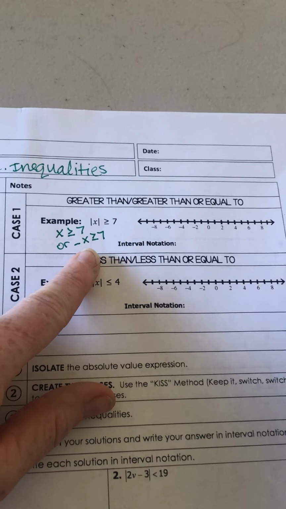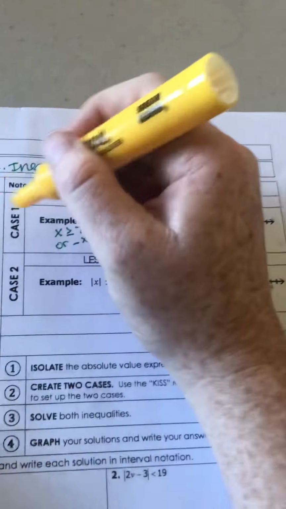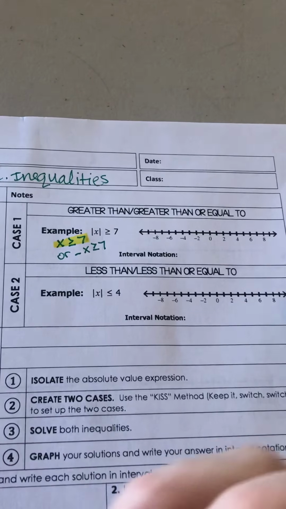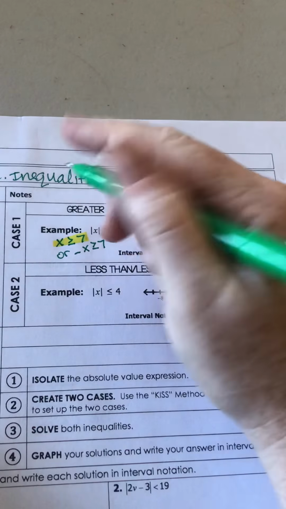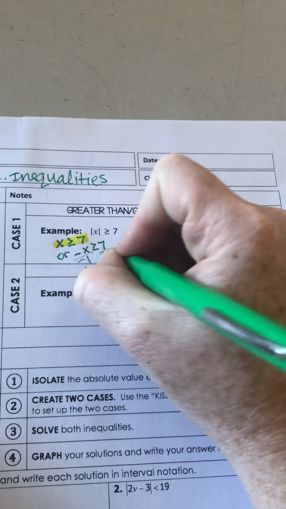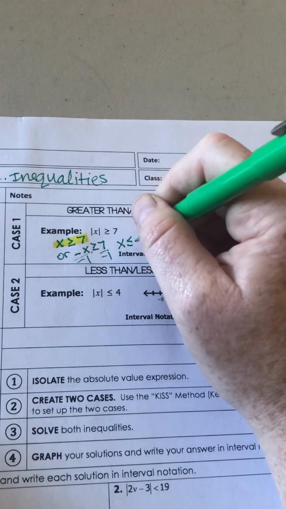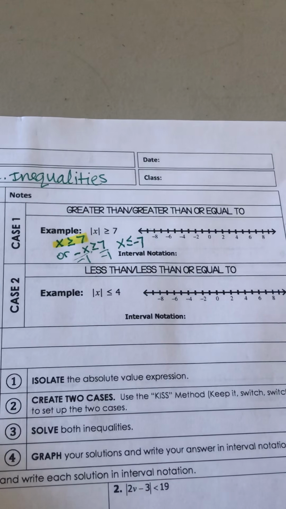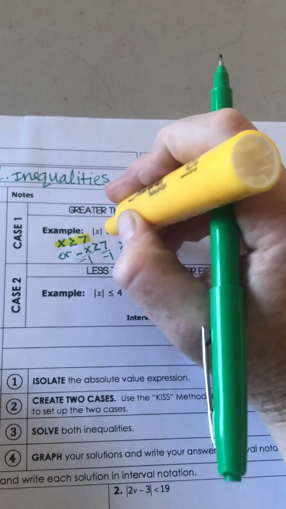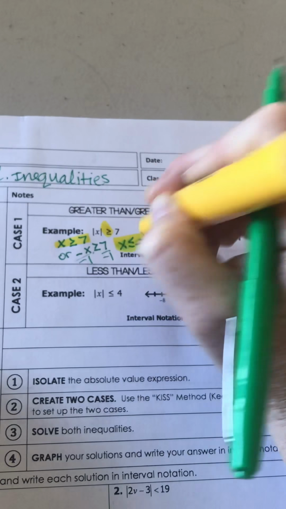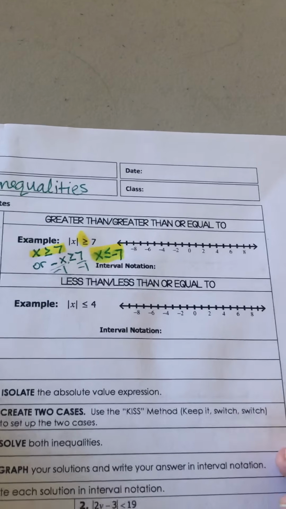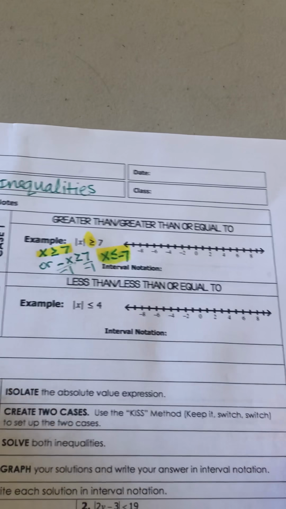And obviously this is solved for the positive case. Remember how we split our absolute value into two cases? If you divide by -1, x would be less than or equal to -7. Okay, so this case, we're starting with a greater than, and we're ending with an or inequality.